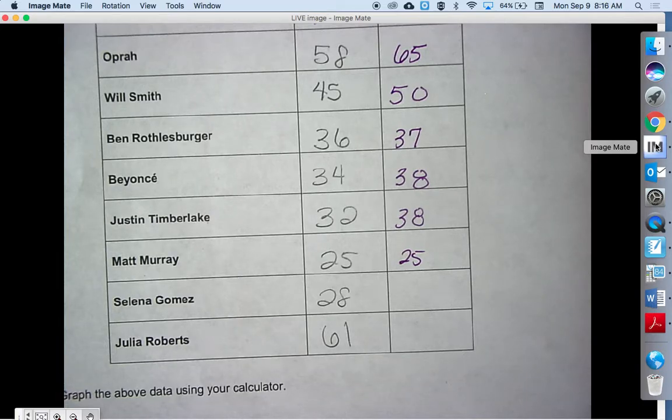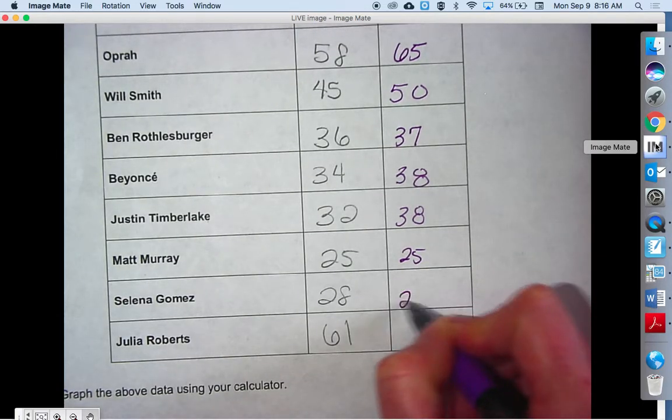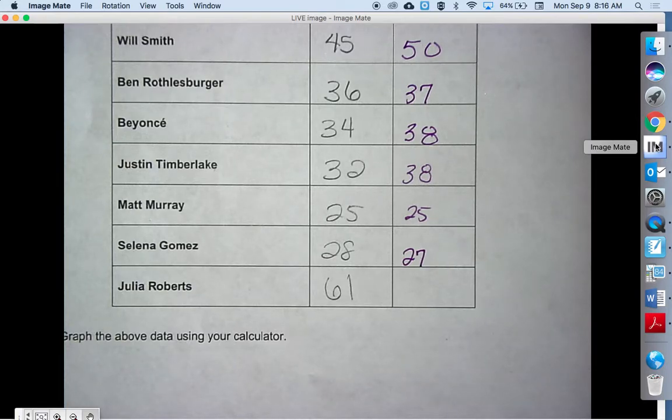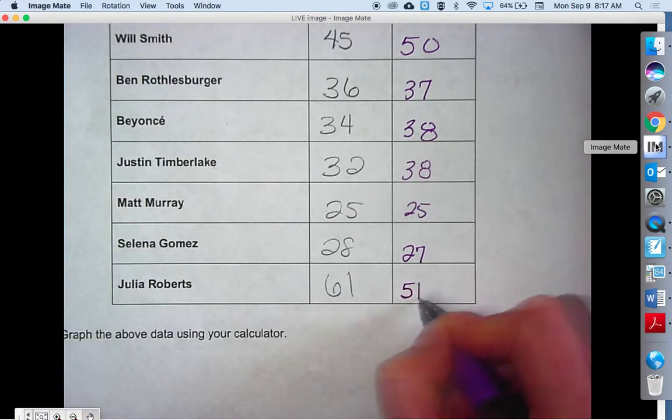She was born in 92. So 92, 27. She had a birthday in July. And then the last one, Julia Roberts, and I still can't think of this book and movie. She was born in 67. She's not had a birthday yet. So she's 51.